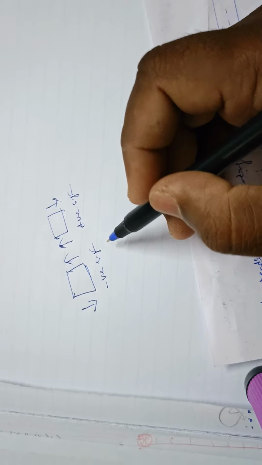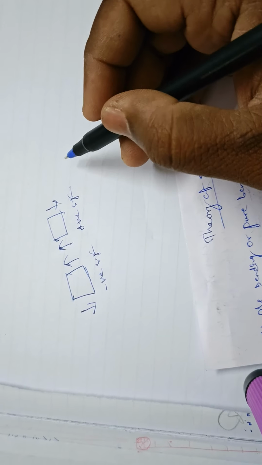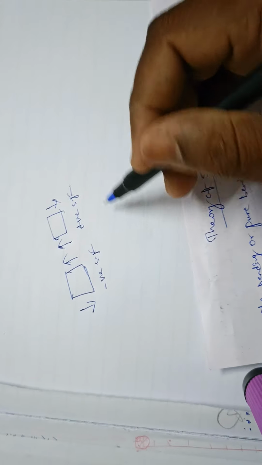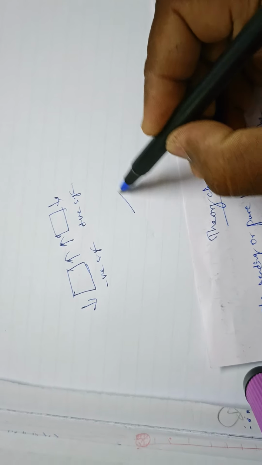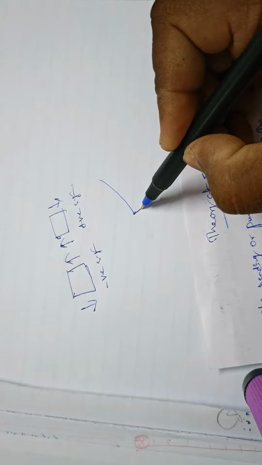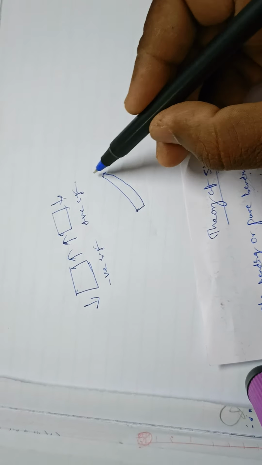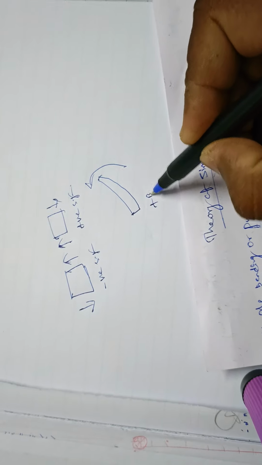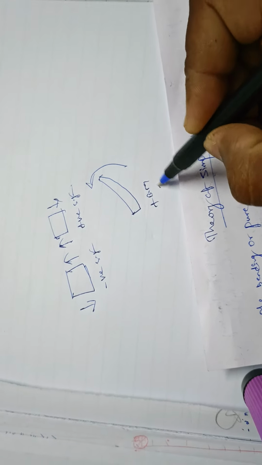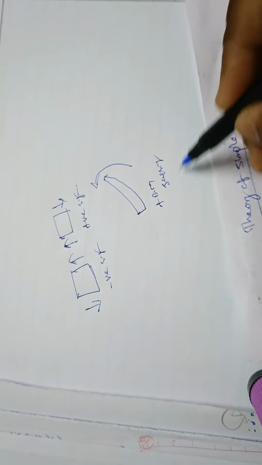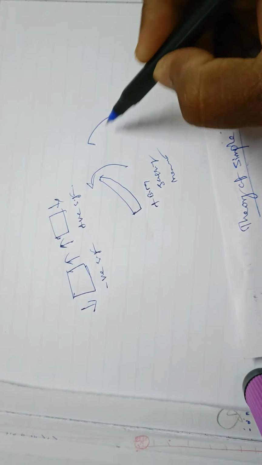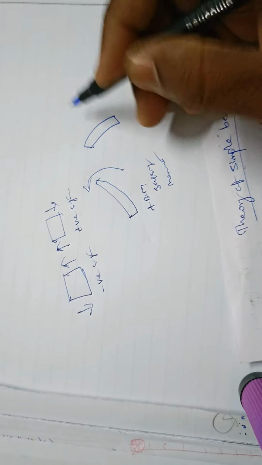The bending moment is nothing but the sum of moments acting in different directions. Okay, so these will be like this. These are the bending moments which will be there. This is called a sagging moment, and this will be called a hogging moment.